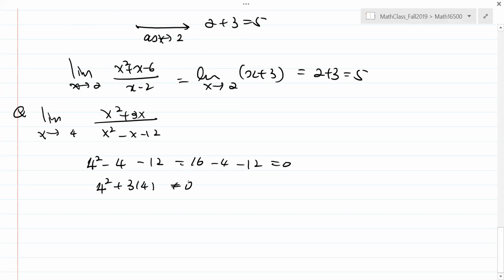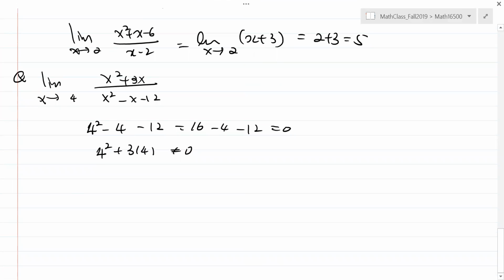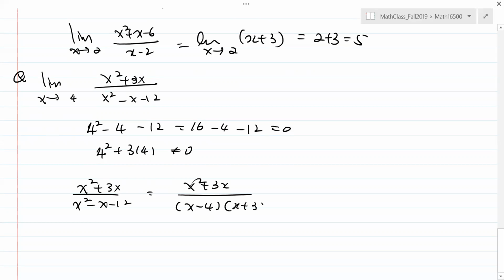Imagine when x approaches 4, the denominator approaches 0. Right? So I'm going to simplify it a little bit. It's going to be x minus 4 times x plus 3.